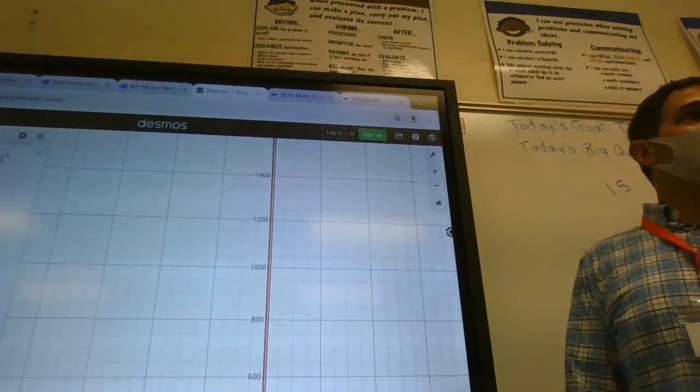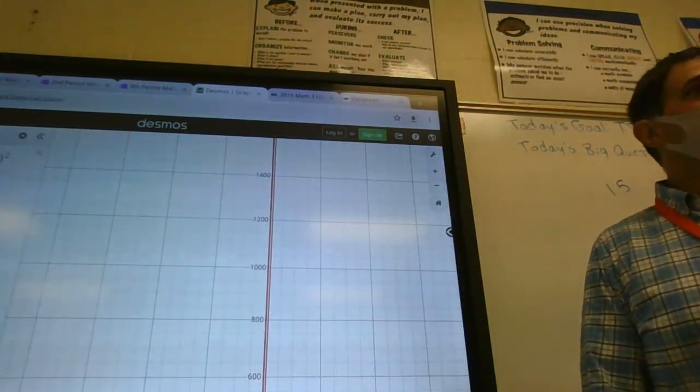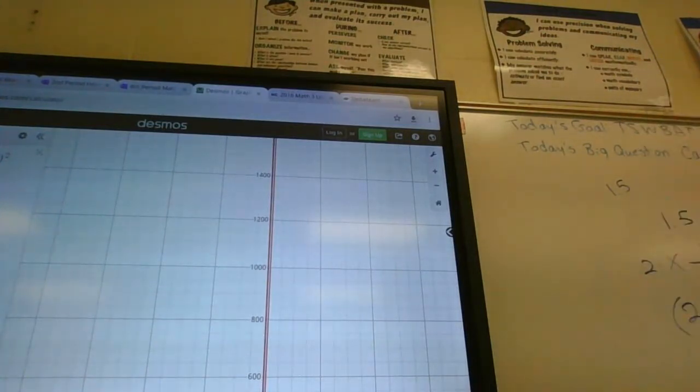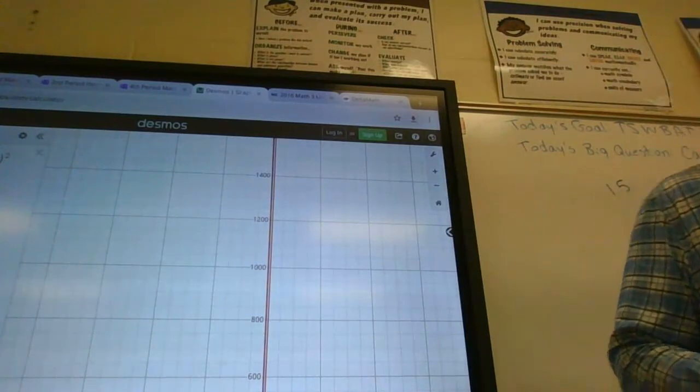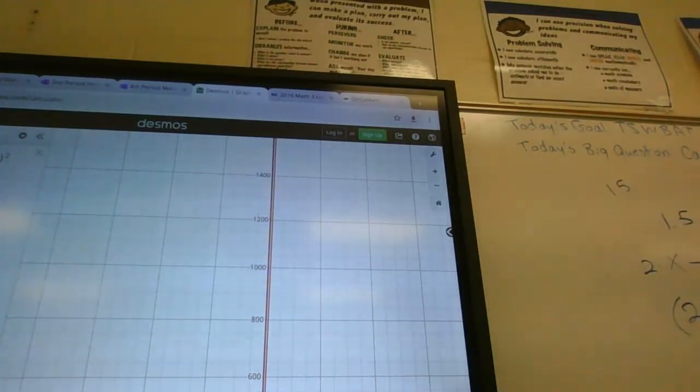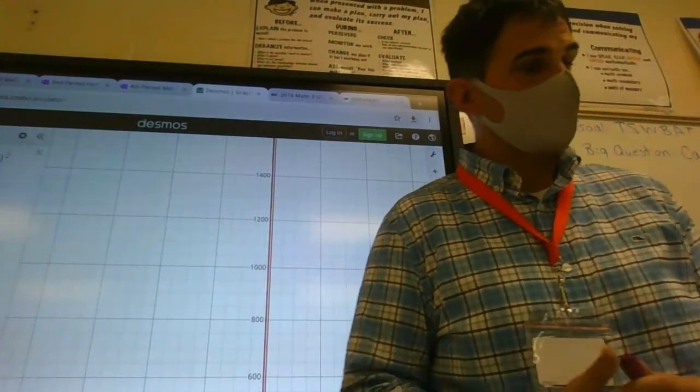But we want a practical range. What would be practical? About 250. I'm sorry, not domain, range. So domain and range are easy. Domain will be how long the ride was. So my ride was from 0 to 5 minutes. Yours is however long your ride was. If it was 5 minutes, fine. If it was 6 minutes, fine. If it was 7 minutes.